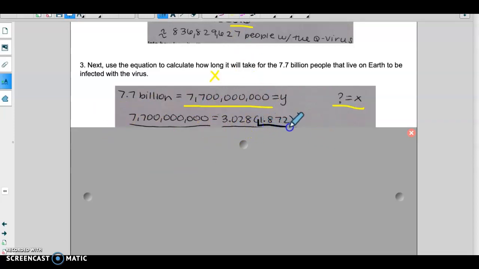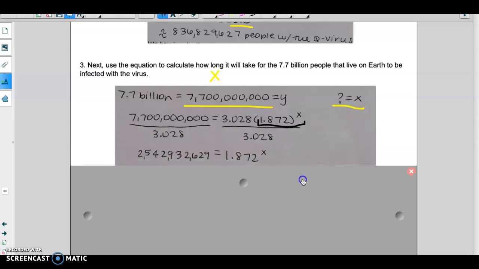Here is my exponential term I need to isolate. So I first need to divide both sides by 3.028, right? That's going to get that 1.872 to the X, that exponential term alone. When I divide 7.7 billion divided by 3.028, I get this number, some 2.5 billion number.